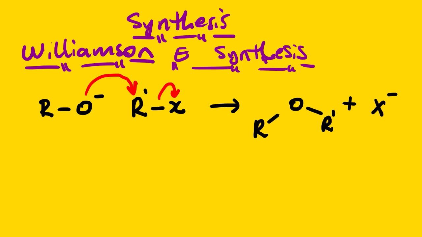But this mechanism doesn't start from here. In the initial step, the first step, we generate this alkoxide ion. And how do we generate it? Alkoxides are created by reacting an alcohol with a metal, sodium or potassium, or a metal hydride.